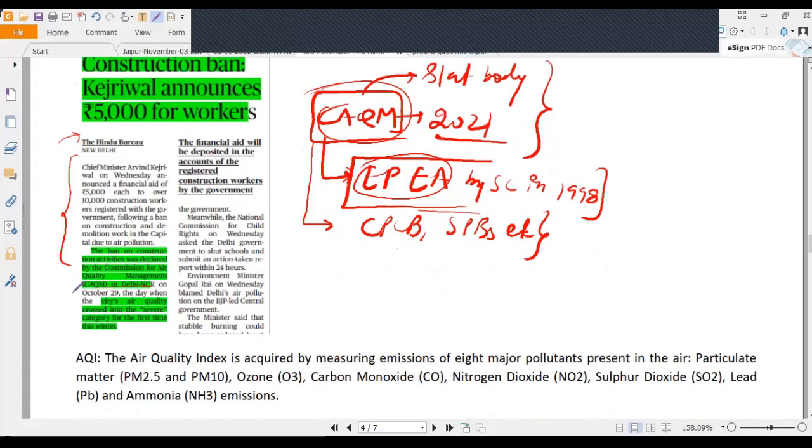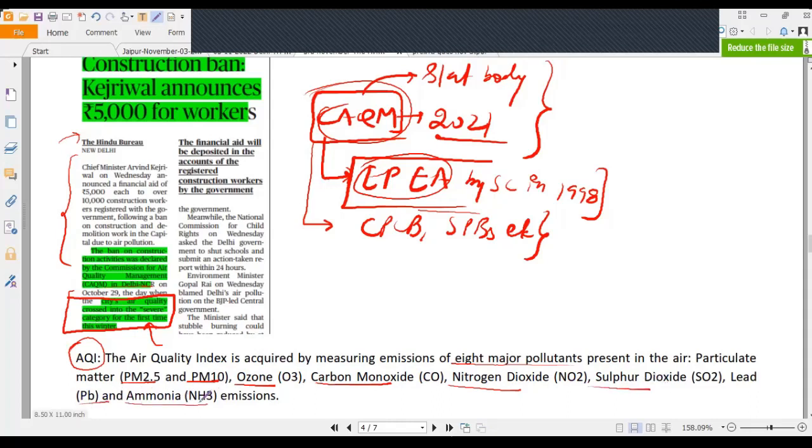Now the air quality crossed into severe category for the first time in winter. So this severe category is based on air quality index. So this air quality index consists of 8 major pollutants, that is particulate matter 2.5, particulate matter 10, ozone, carbon monoxide, nitrogen dioxide, sulfur dioxide, lead, and ammonia.